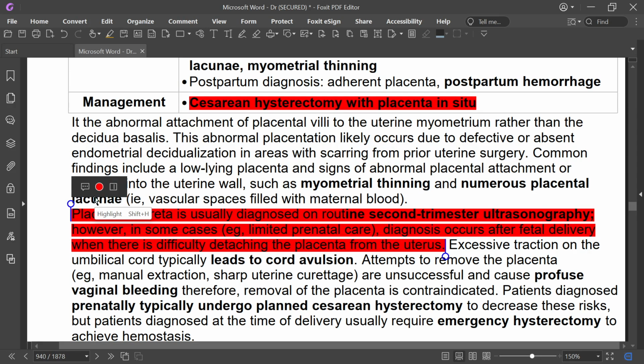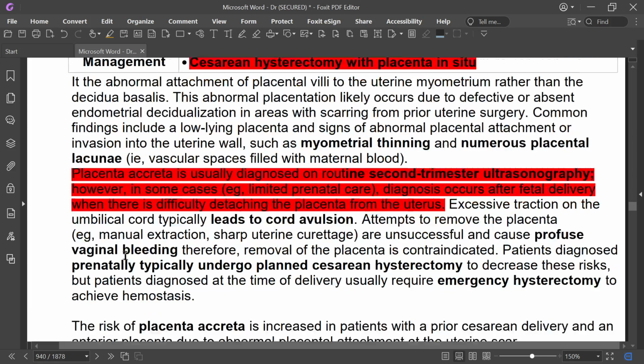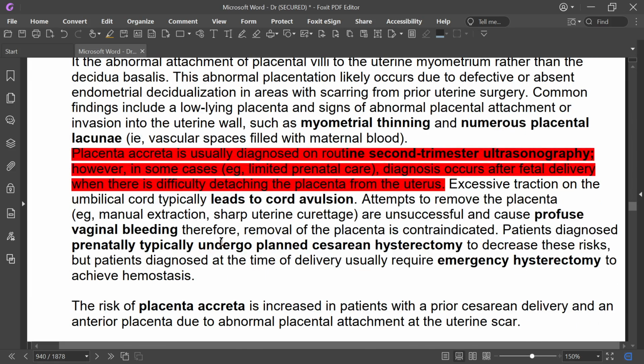Excessive traction on the umbilical cord typically leads to cord avulsion. Attempts to remove the placenta, manual extraction, or sharp uterine curettage are unsuccessful and can cause profuse bleeding. Therefore, removal of the placenta is contraindicated.